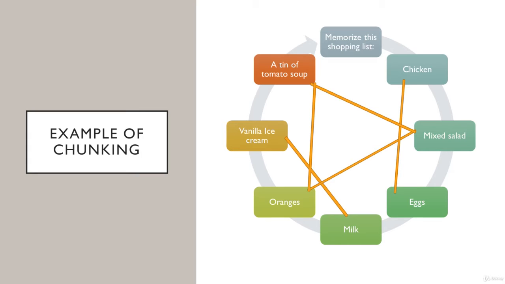But with those three groups, one group with two items, chicken and eggs, another group with three items, salad, oranges, tin of soup, and then another two-item group, vanilla ice cream and milk, that is fairly easy to remember. You may have a different way of chunking these items, that's fine, but with that example, I think I could retain that shopping list quite easily.